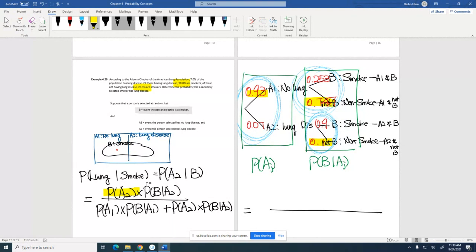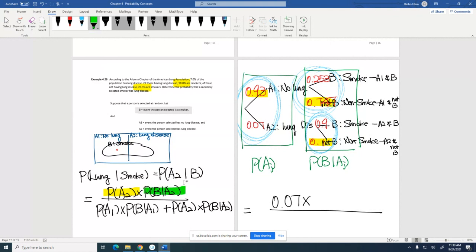Do you know how much is the probability of A2? The probability of A2 is 0.07. And how about the B given A2?